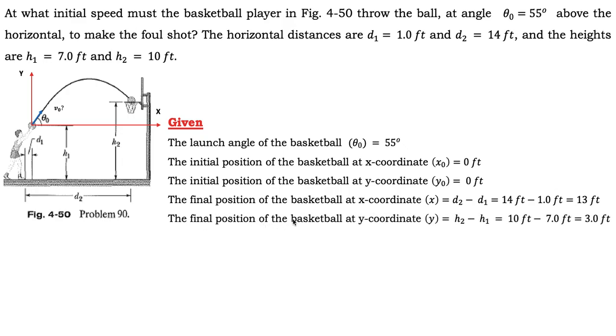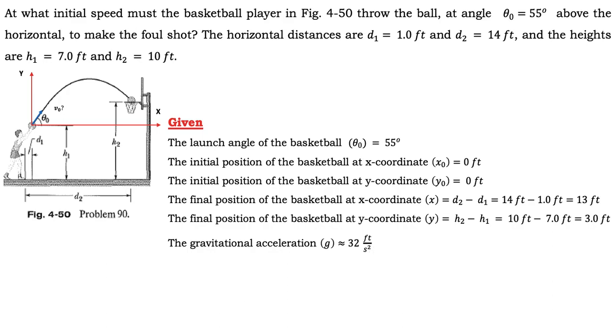And the final position of the basketball at y coordinate, y, equals h2 minus h1, from this to this, equals 10 feet minus 7.0 feet equals 3.0 feet. And the gravitational acceleration, g, approximates 32 feet per square second.